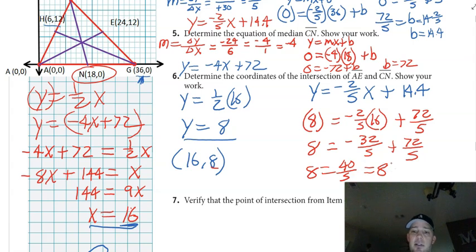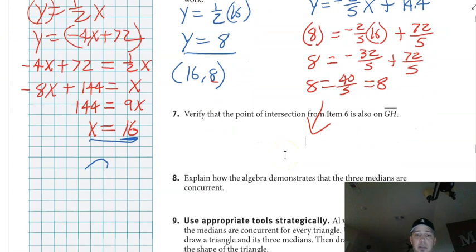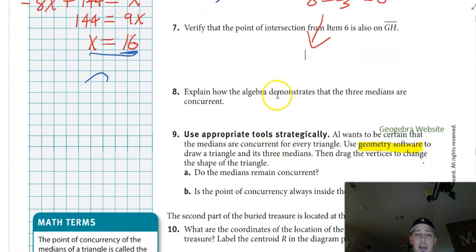So it is a solution set. This coordinate is a point on this equation here. So I don't know why I did it here. That's actually supposed to go down there. All right, now that we have proven the point of intersection of two lines and checked that point to make sure it's on the other one, explain how algebra demonstrates the three medians are concurrent.